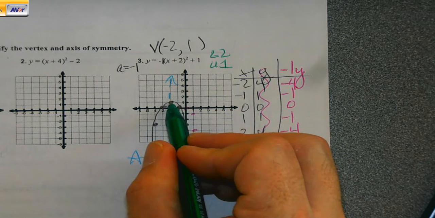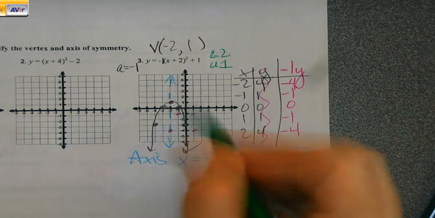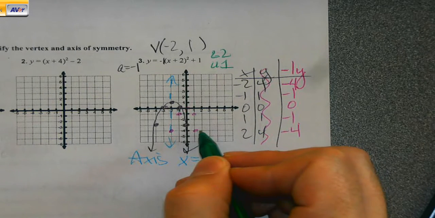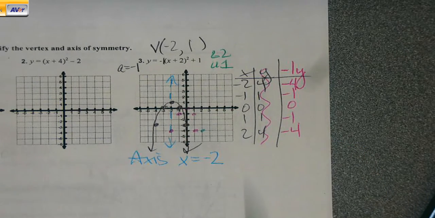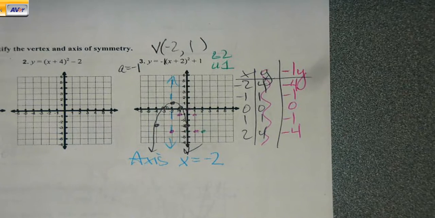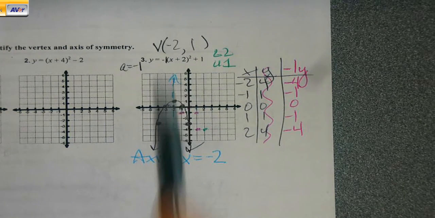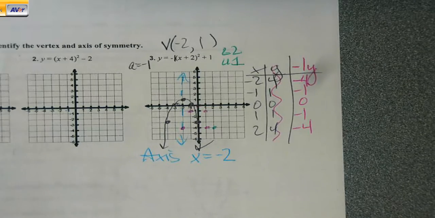Pink was supposed to be over here. Left 2 and up 1, okay? I get the same points. So no matter how we do it, it's really not going to change my graph, but I just need to be able to figure out those two things on my own.